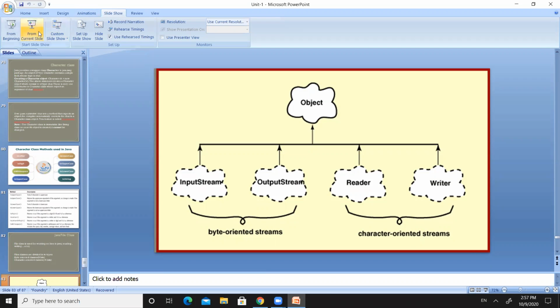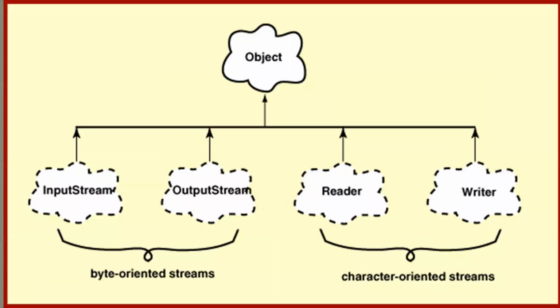File classes are divided into two categories: byte-oriented classes and character-oriented classes.